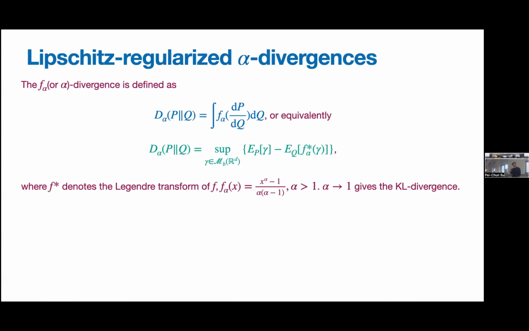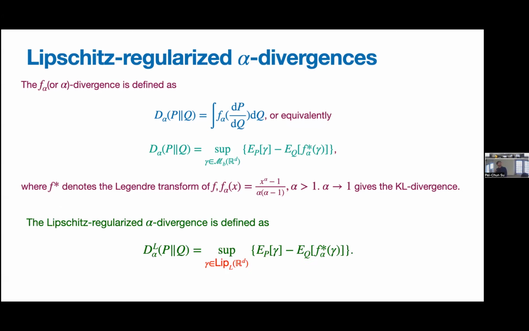In its variational form, we can rewrite this alpha divergence between P and Q as the supremum over the function class between these two expectations. So this time we have an asymmetric divergence, unlike the Wasserstein 1 or MMD. Here, f alpha star is the Legendre transform, or convex conjugate, of f alpha. Now the function space is very broad: bounded measurable functions on the whole domain R^d.